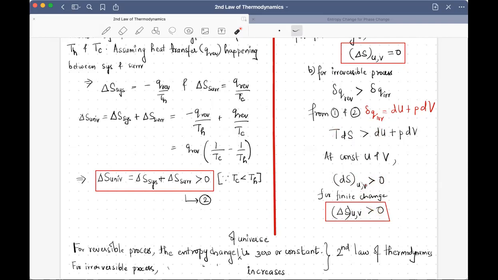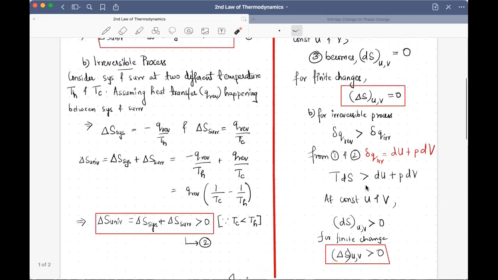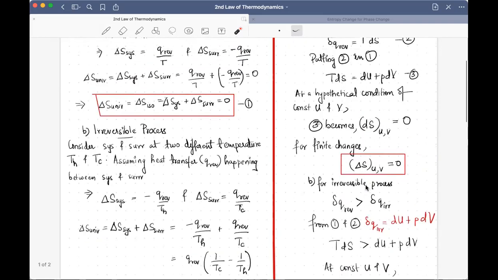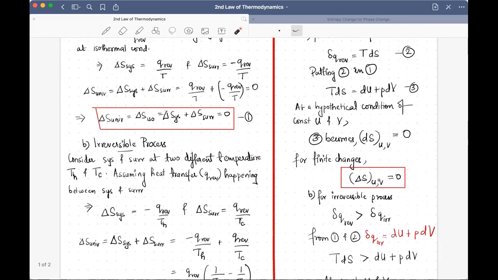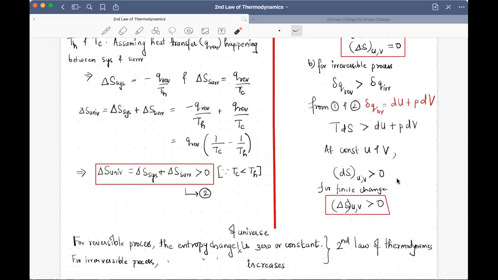Here again, you find almost the same relationship: when you are talking about a reversible condition or an equilibrium condition, the entropy change is 0. And when you are talking about an irreversible change, the entropy is always increasing.